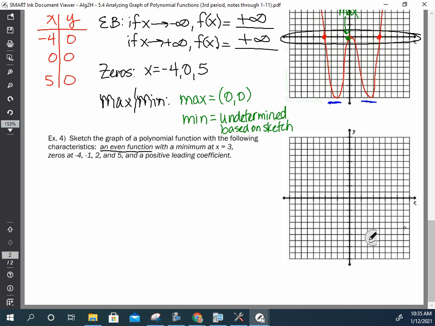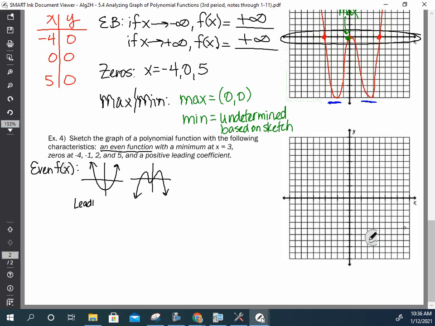So an even function is a function in which either both ends of the graph are pointing up, or both ends of the graph are pointing down. That's an even function. How do you know which one is which? It depends on the leading coefficient.